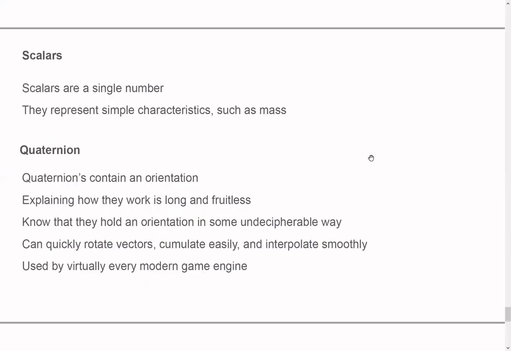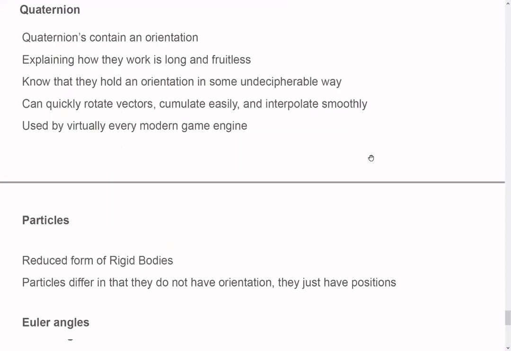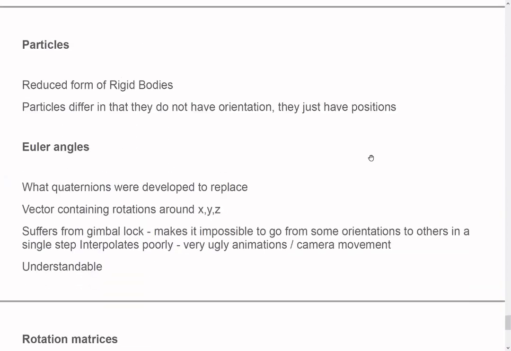Particles are a reduced form of rigid bodies, and they differ in two ways. One is having an orientation and the other is having a position. Then when it comes to Euler angles, these were developed to replace quaternions.